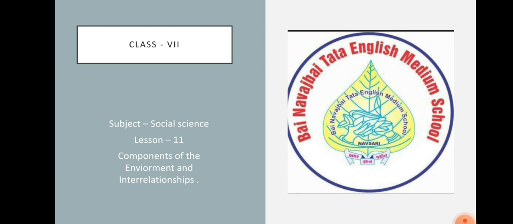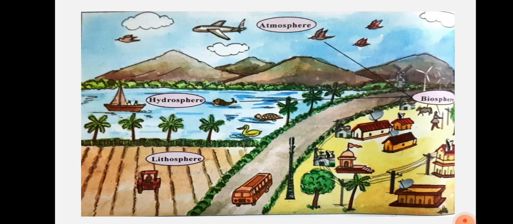So, today we are going to continue our lesson number 11, that is components of the environment and interrelationships. Now, already we have seen the major four components, that are lithosphere, hydrosphere, atmosphere, and biosphere.